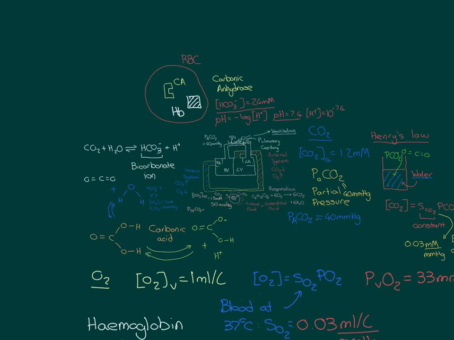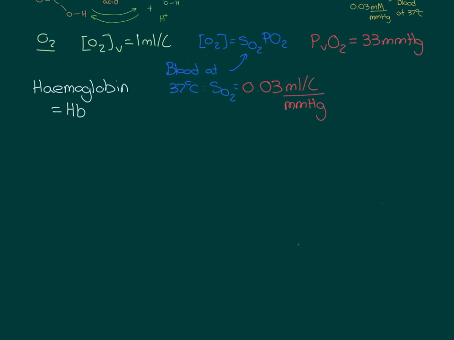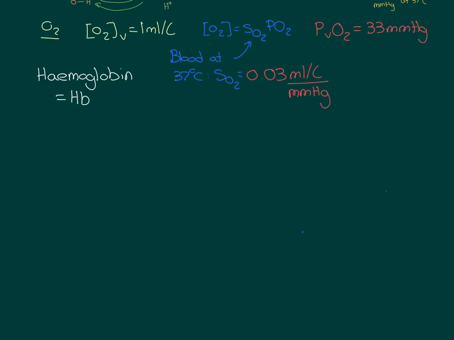So let's now discuss in more detail the structure of hemoglobin. We'll start with the protein structure of hemoglobin. Hemoglobin is a tetramer of 4 separate polypeptides that have bound together, and these polypeptides are known as globins. So I'll draw this here.